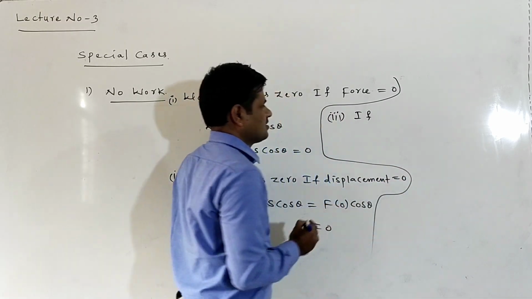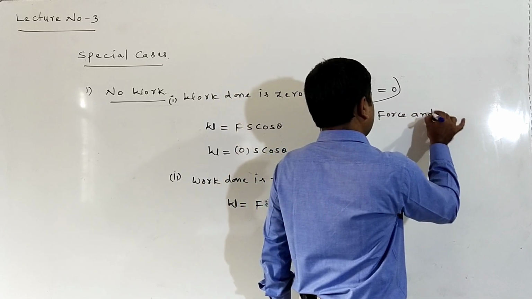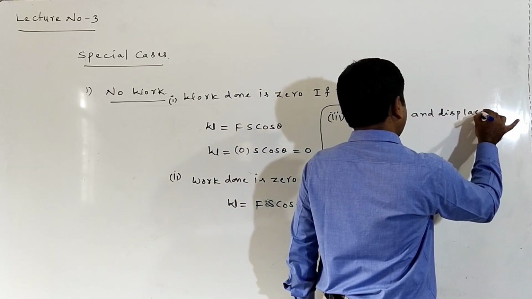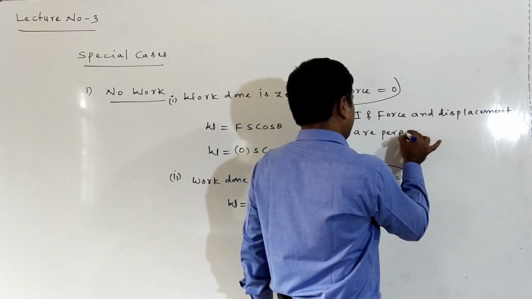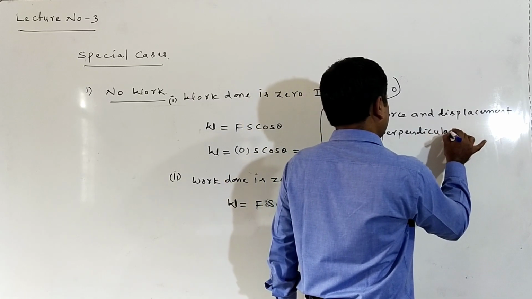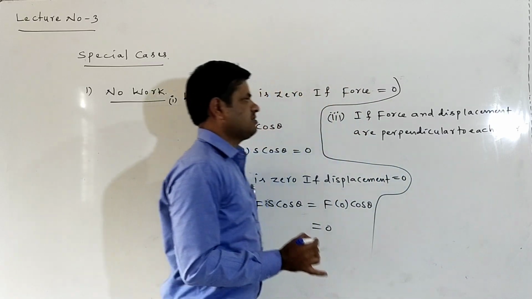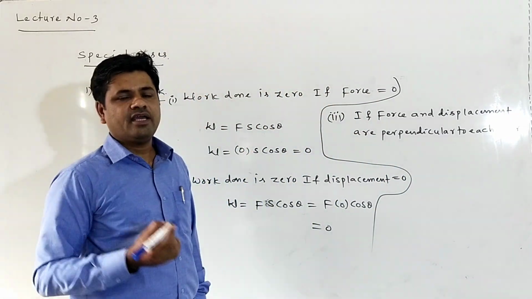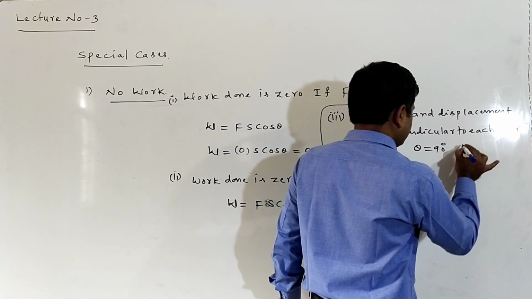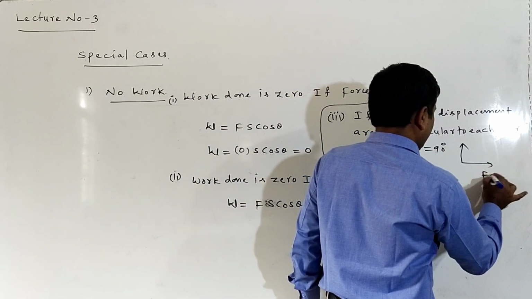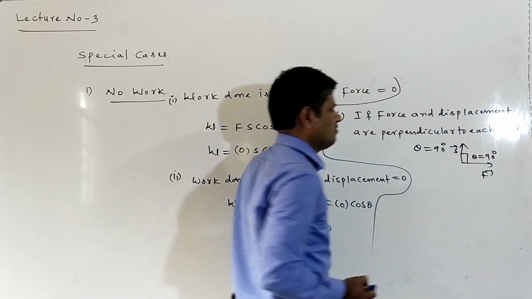Now the third case: if force and displacement are perpendicular to each other, that means the angle between F and S is 90 degrees. Theta is equal to 90 degrees means they are like this. This is F bar, this is S bar, and the angle between these two is 90 degrees.